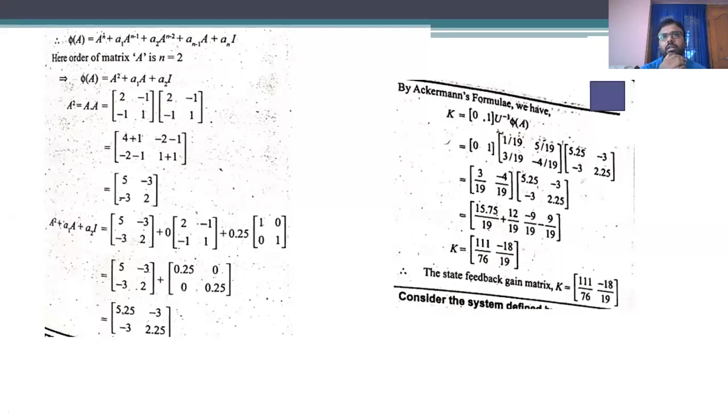If the order of the matrix is 4, the state feedback gain matrix has 4 elements. In this way we need to determine the elements of the state feedback gain matrix.